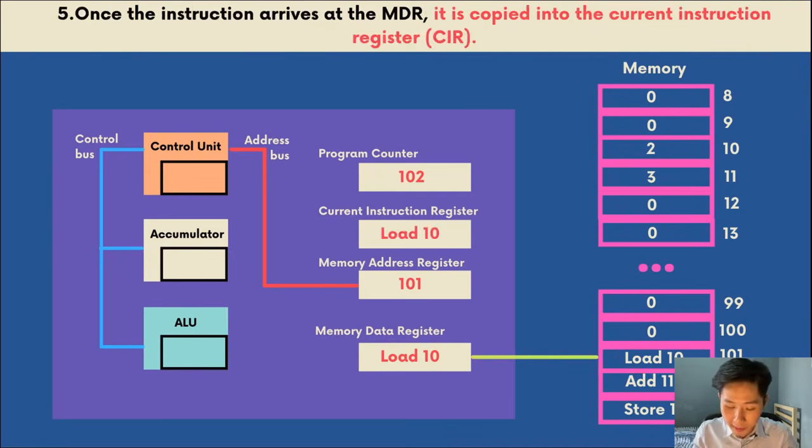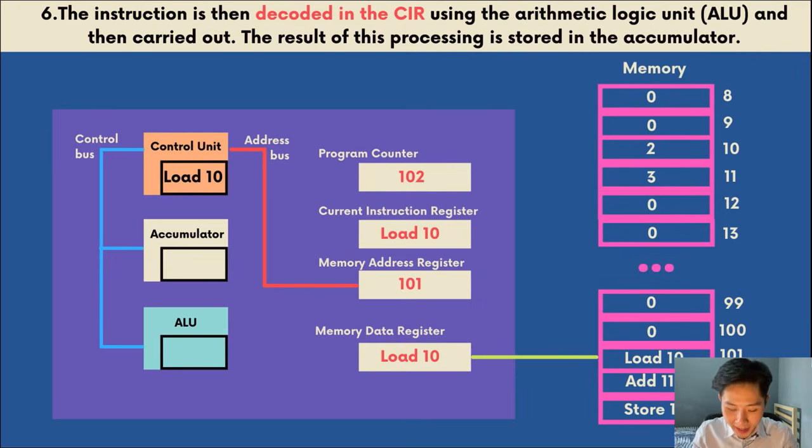And once the instruction arrives at MDR, it is copied into the current instruction register, which basically stores the instruction being carried out at that time, and the instruction is then decoded in the CIR. The result of this processing is stored in the accumulator.